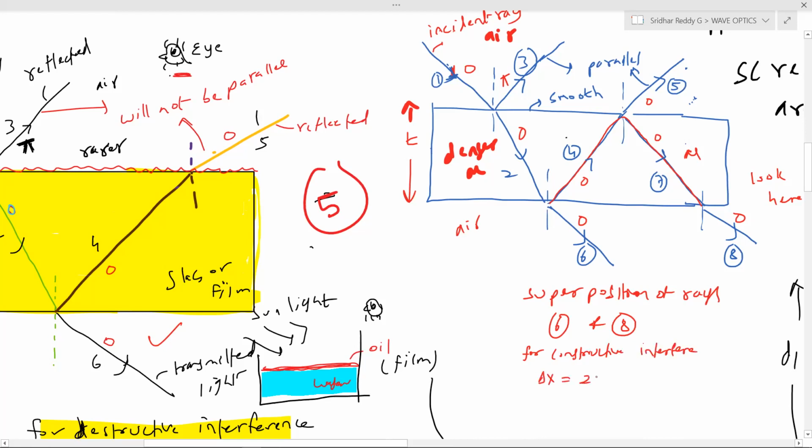Path difference 2 mu t should be equal to n lambda, where n equals 1, 2, 3, 4. This is for transmitted light. We are not discussing 3 and 5, we are discussing 6 and 8. Here it is transmitted light.